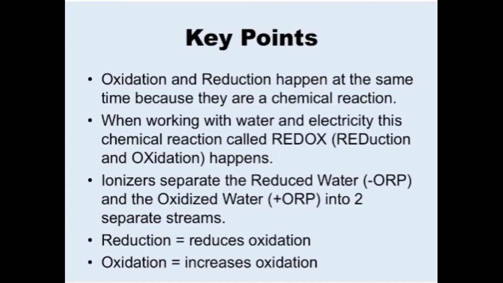Ionizers separate the reduced water, the negative ORP water, and the oxidized water, the positive ORP water, into two separate streams. Reduction means it's reducing oxidation, while oxidation means it's increasing oxidation. That one's easy, right?